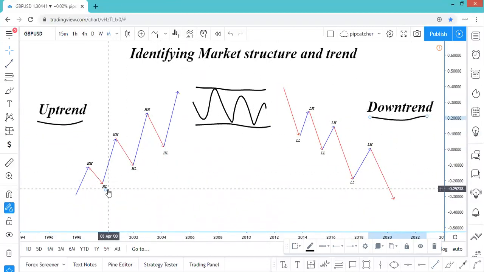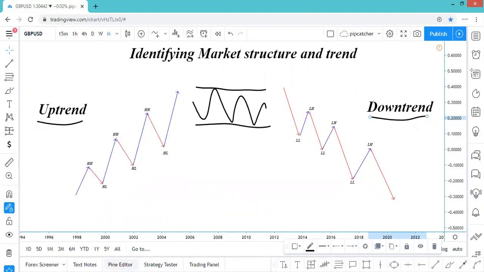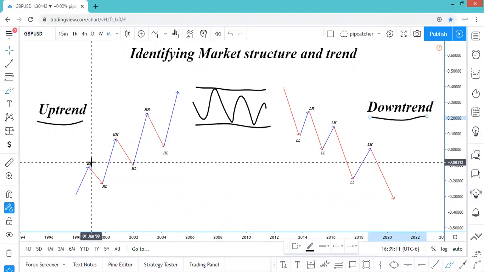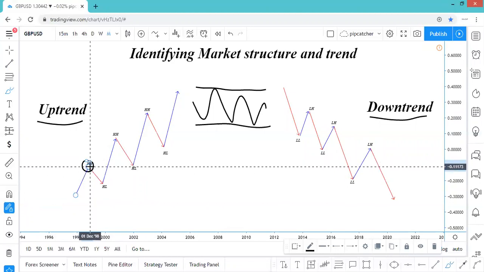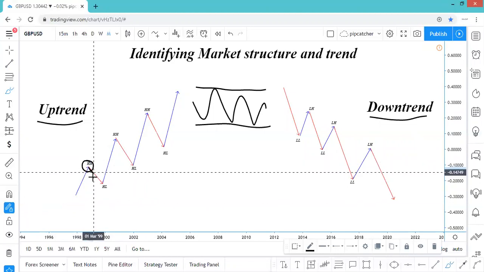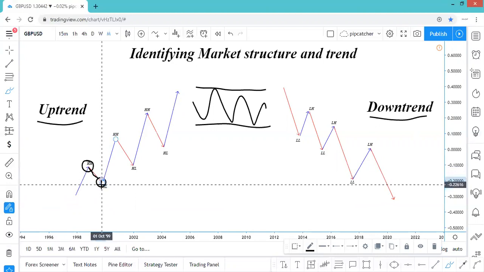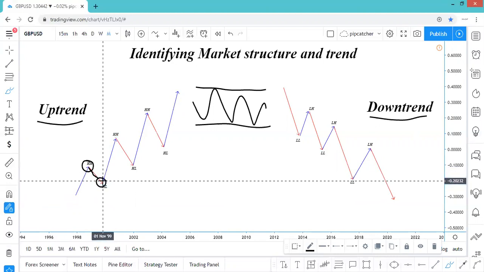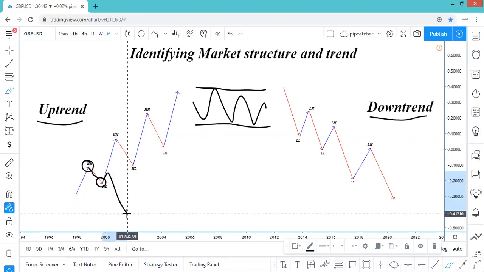In the process of detecting an uptrend, you see right here there is a high that gets created, a little retracement, and then a low, right? So the market can make a retracement up and then back down.